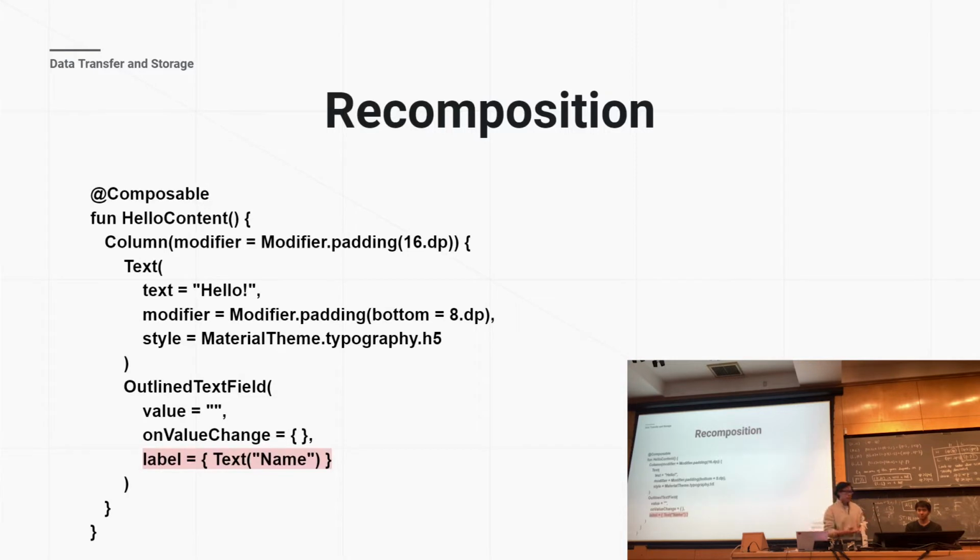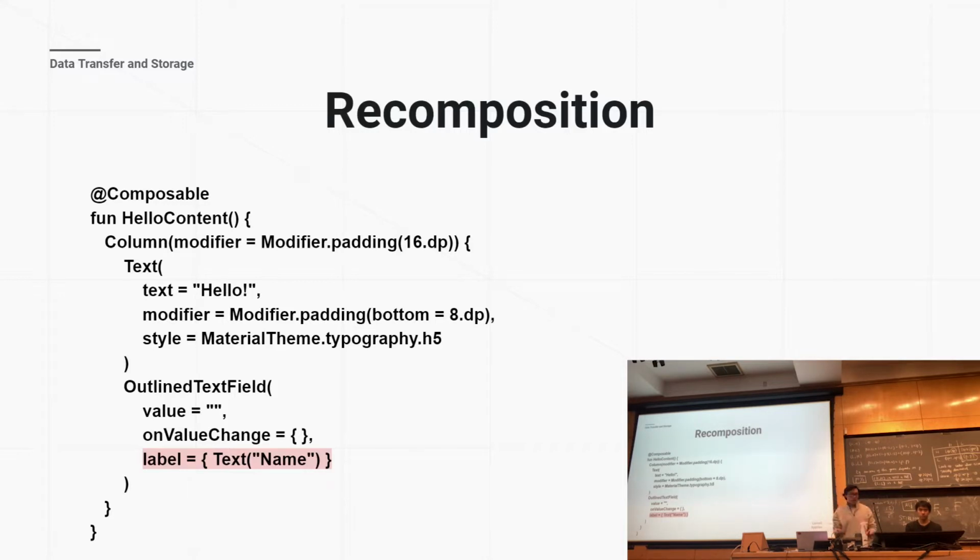Well, first we have an example of what not to do. Here we have some text that says hello, and then we have an outline text field, which you can imagine as something you just fill out. And we have an on change, and here in the on change, we set the text above equal to name, right?